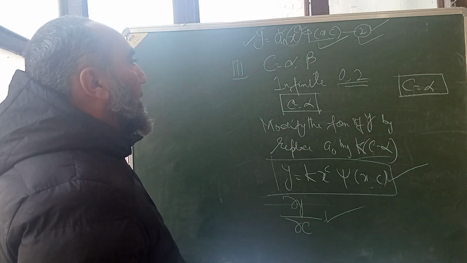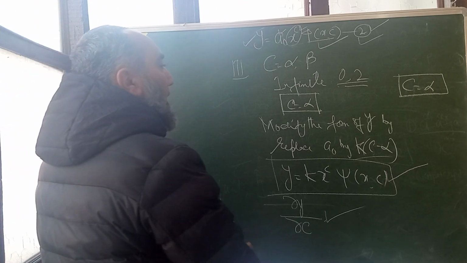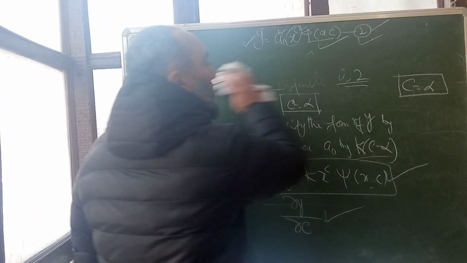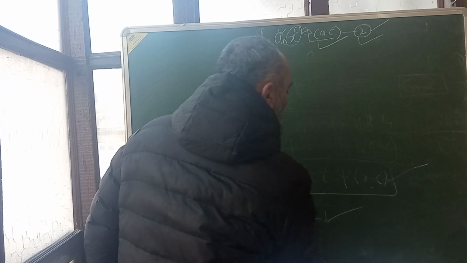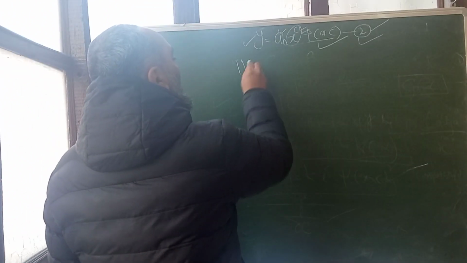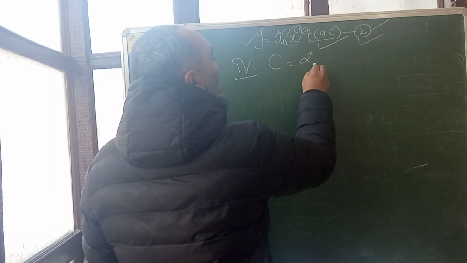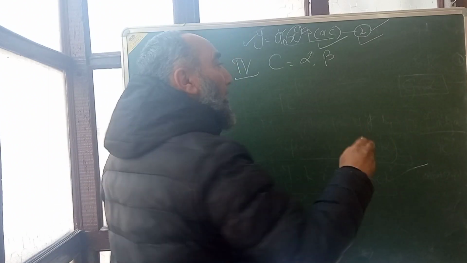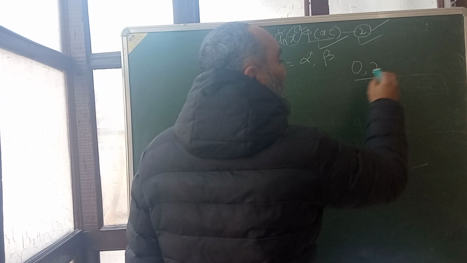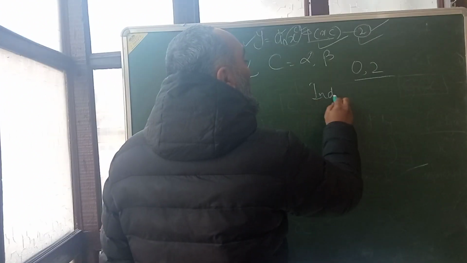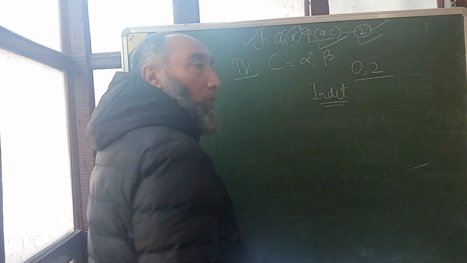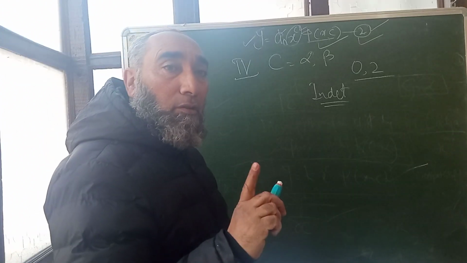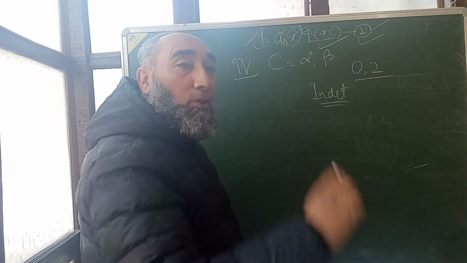Okay, and finally rule 4 is that I have two different roots alpha and beta differing again by an integer, but making some of the coefficients indeterminate. Coefficients are not infinite now, they are indeterminate, 0 by 0 form.